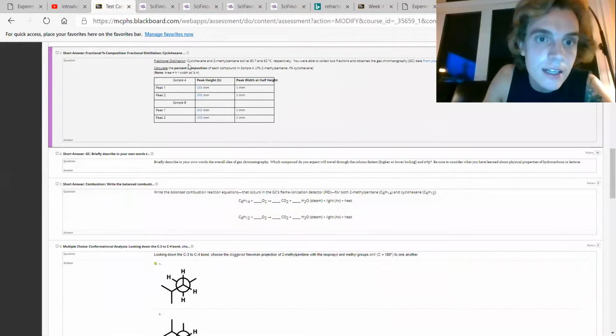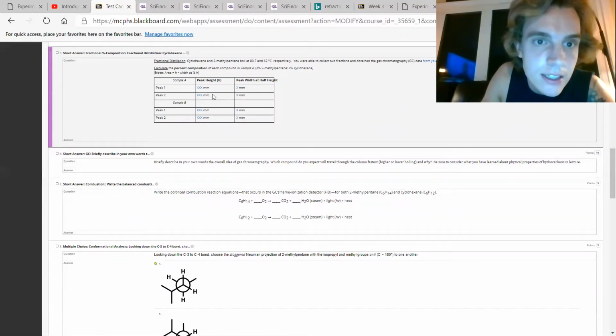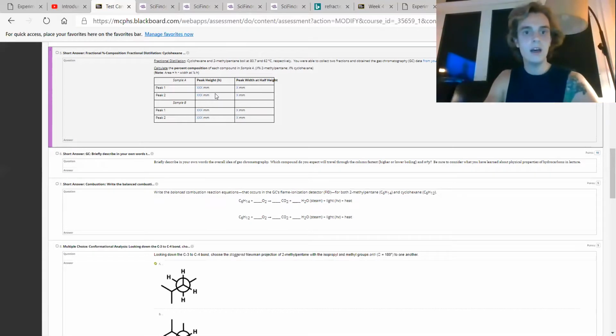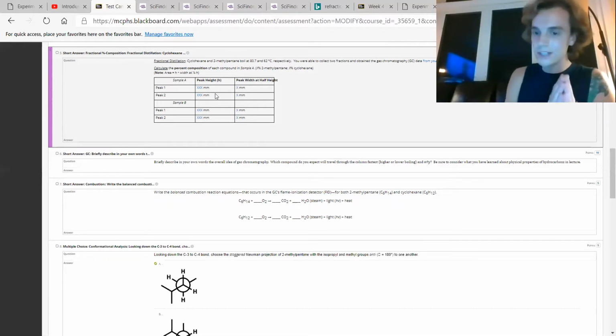The fractional distillation question, cyclohexane and 2-methylpentane. You're able to collect 2 of them, and here is your lab instructor data. I would like you to use the peak height and the peak width at half height from the video because, and this is strictly because, the calculations and identification of the chemistry involved can only be interpreted if you accurately watch and understand the video.